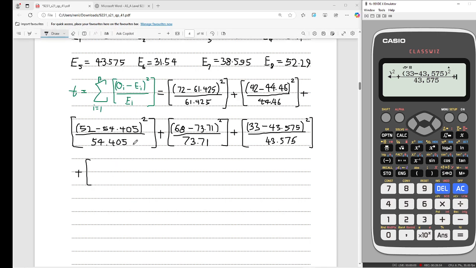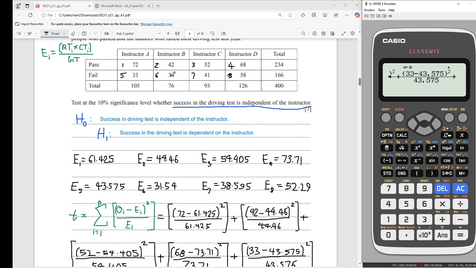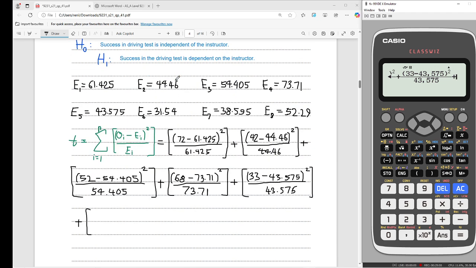Let's move on to i equals 6. When i equals 6, our observed value is 34. So 34, observed value, minus our expected value of 31.54, whole squared, that difference, and then divide by our expected value 31.54.